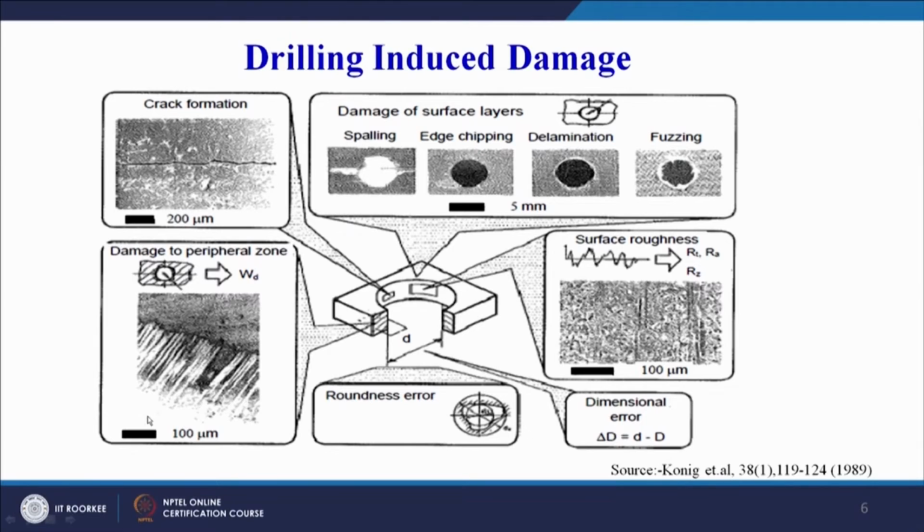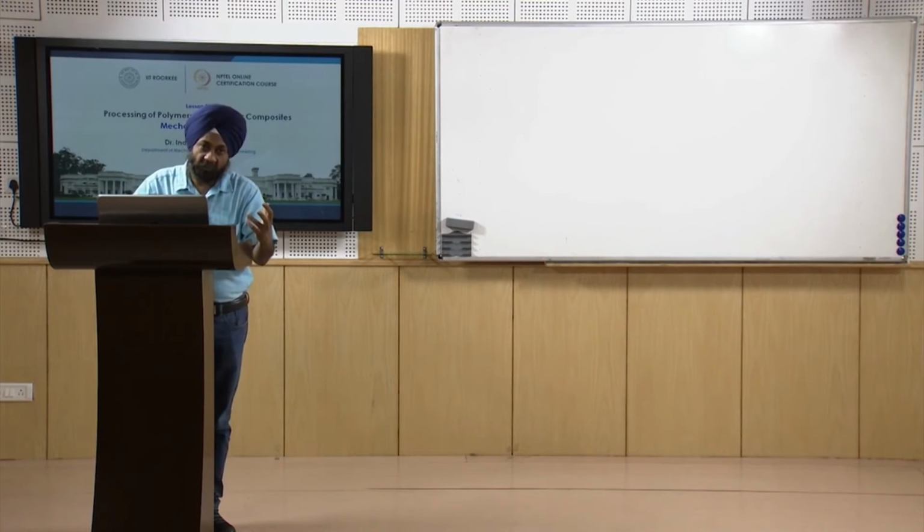So this slide in a way summarizes the problems that mechanical fastening entails. That means that if you go for mechanical joining of composite parts, you require holes. For making holes you require some process. Let us take the example of drilling as a process for making holes in composite parts.